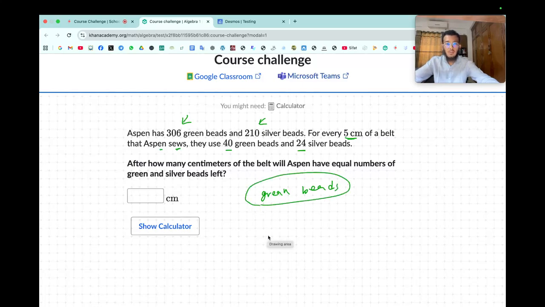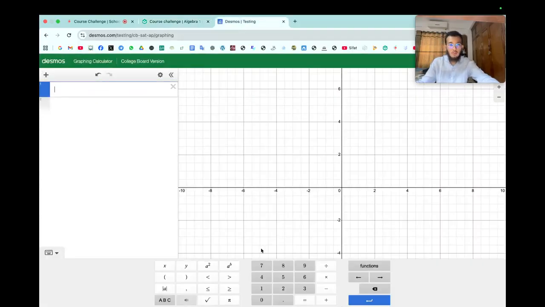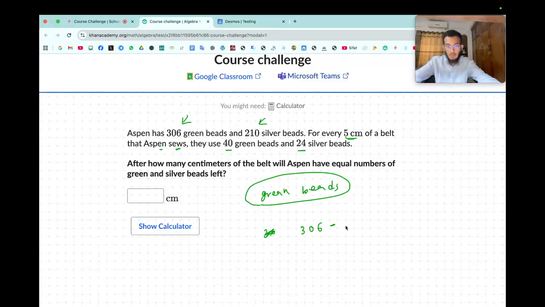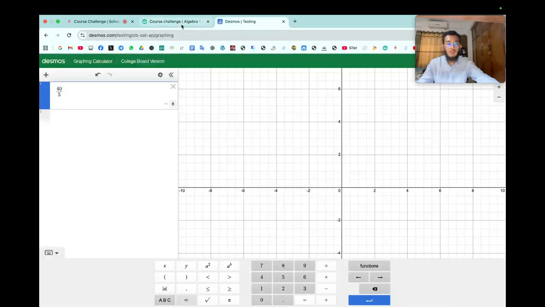Initially you have 306, so 306 minus, for every 5 centimeter of a belt you use 40 green beads, which means for each one you use 40 divided by 5, 8. So minus 8x. Okay, it's for green beads. Y equals 306 minus 8x, because for 5 centimeter of a belt you use 40, so for each you use 8.